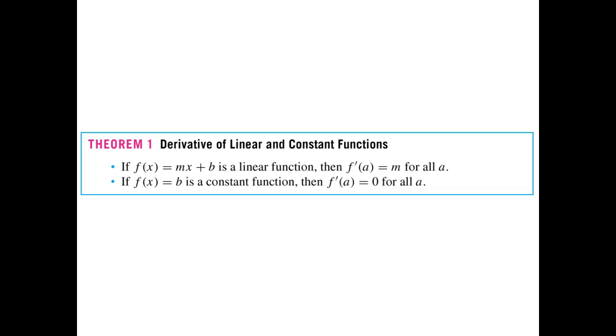It never changes. So f prime of a is equal to 0 for all constants. If f of x is a constant, the derivative of that function is 0. If f is a linear function, its derivative is its slope.